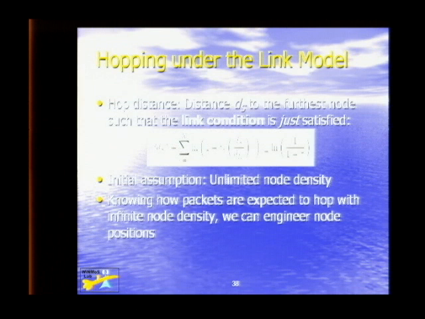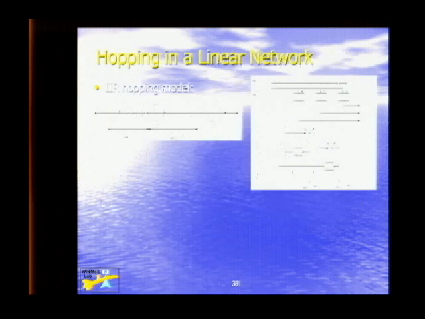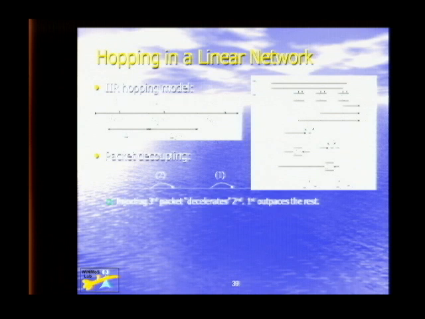So by knowing how the packets are expected to hop with the infinite node density, we can predict the positions too. So when we look at the packet hopping system and how the interference affects these, then we see that the distance between successive positions of senders can be modeled as an IIR hopping system, and we can find numerical results for that. And another observation is that if we have, let's say, packets going in the network hop by hop, then every packet injected into the network slows down the one in front of them.